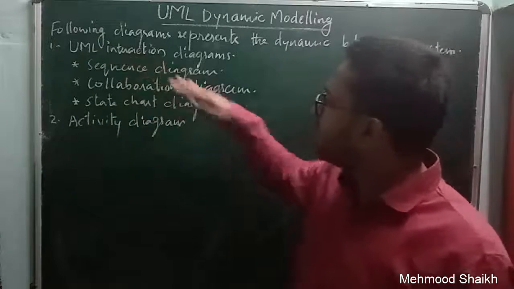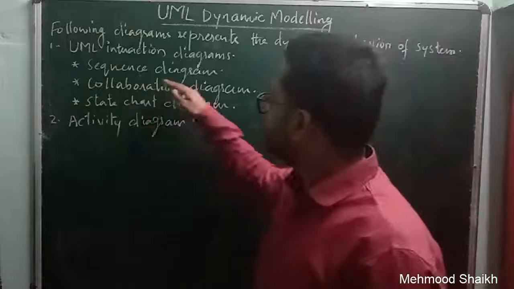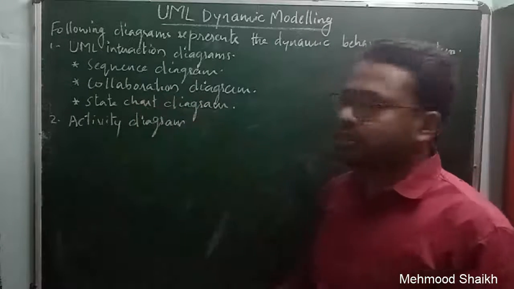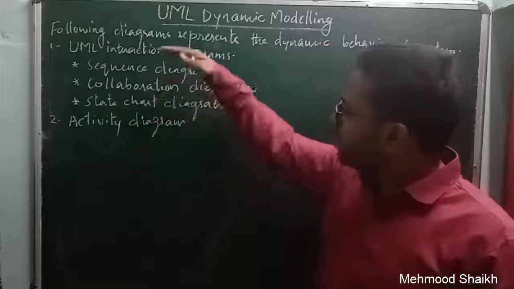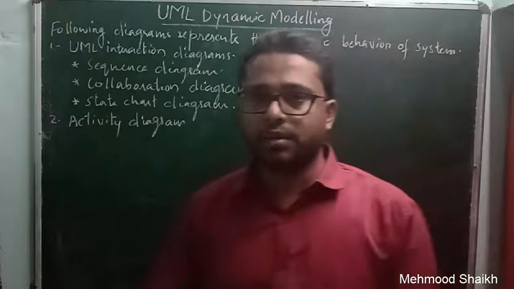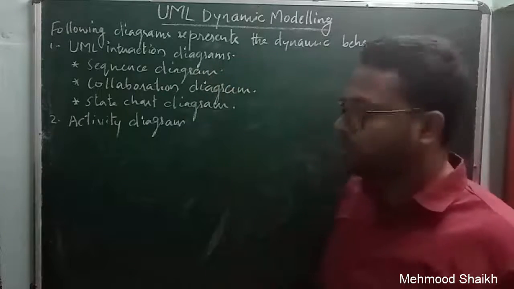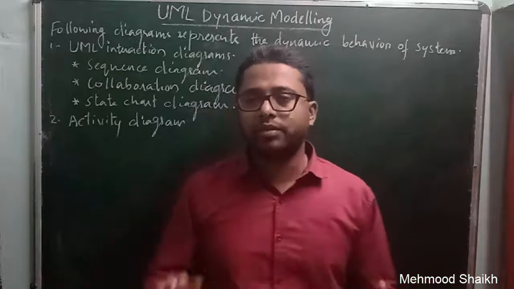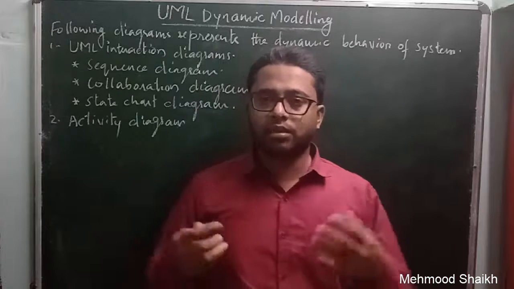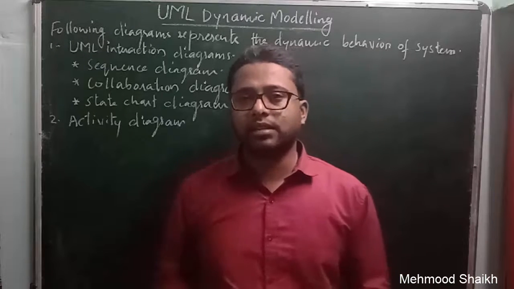Under UML interaction diagrams we have various other diagrams such as sequence diagrams, collaboration diagrams, and state chart diagrams. We will see each of these diagrams one by one. In this video we'll discuss the sequence diagram. We will take an example, and with the help of that example we'll try to understand how sequence diagrams help the development team to analyze and design the system.